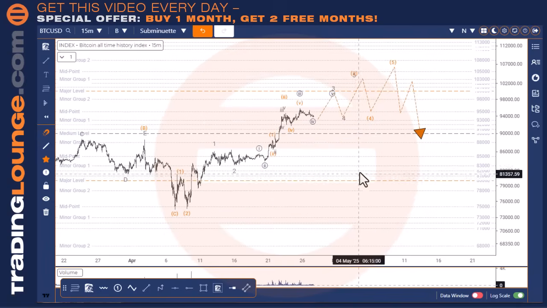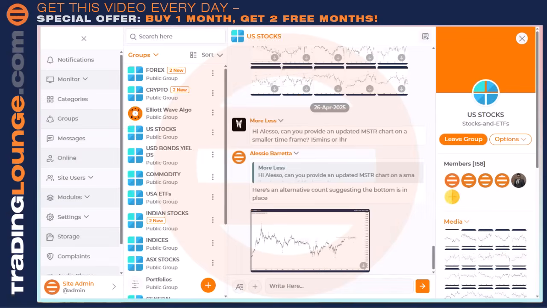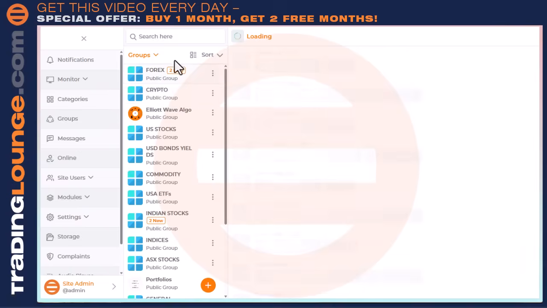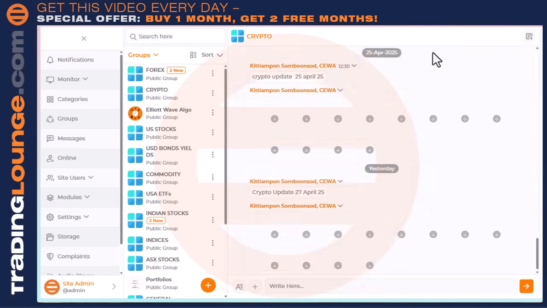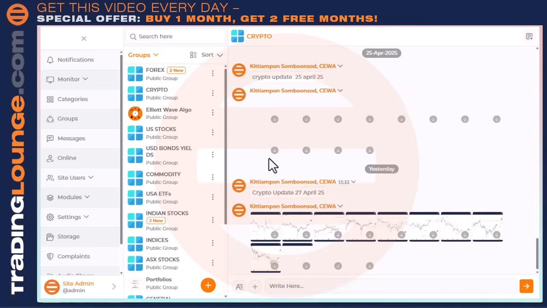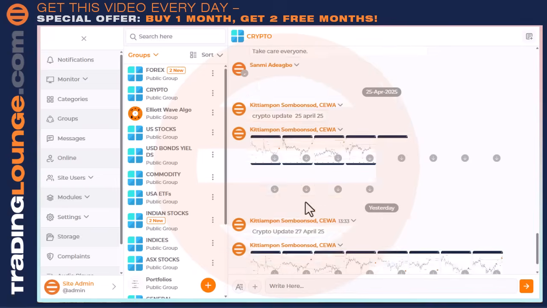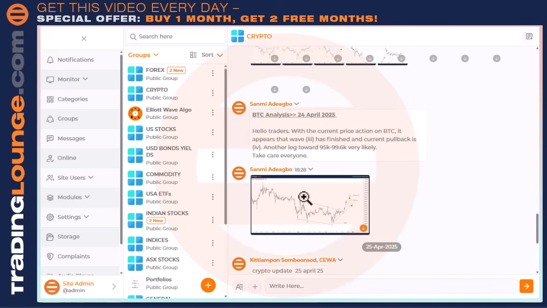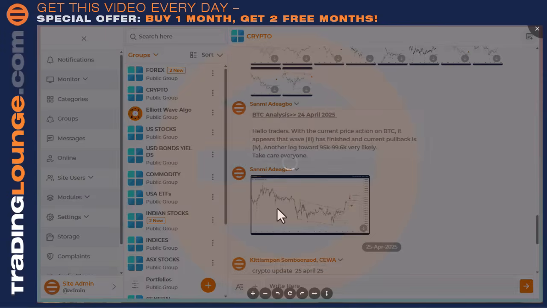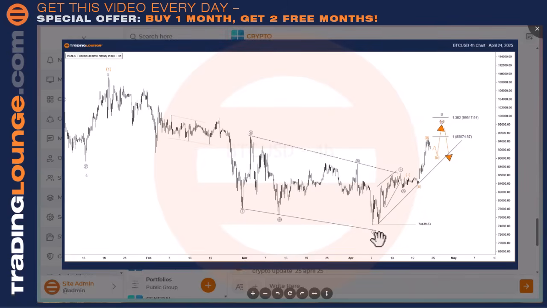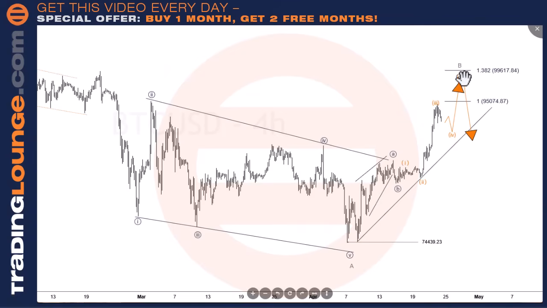One of the other things is that the move up here can be counted as an ABC pattern. If I just go to the crypto thing here and have a look, I won't go to the website, just in here. Sammy's got this here as a little ABC pattern to the upside.